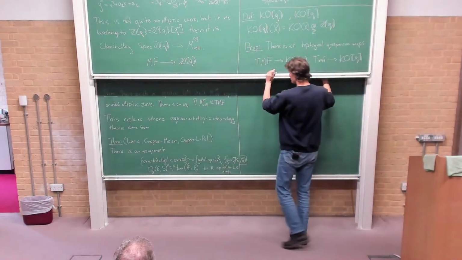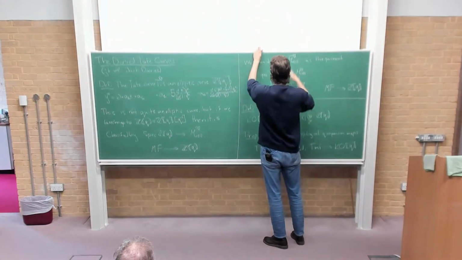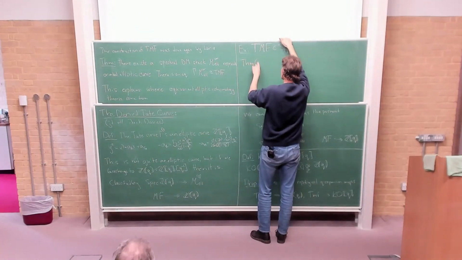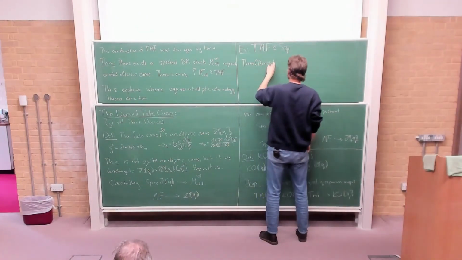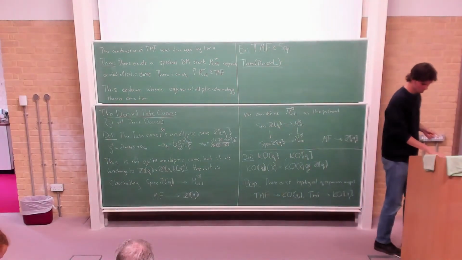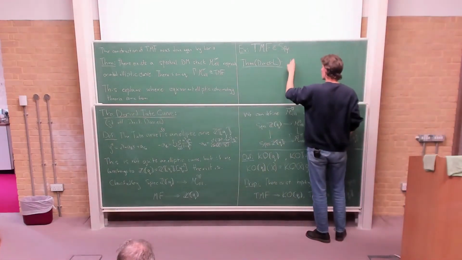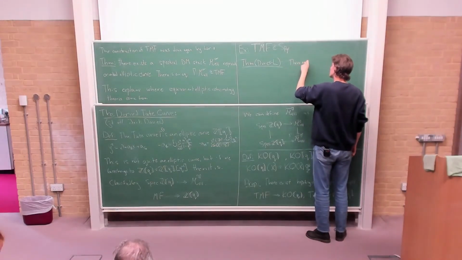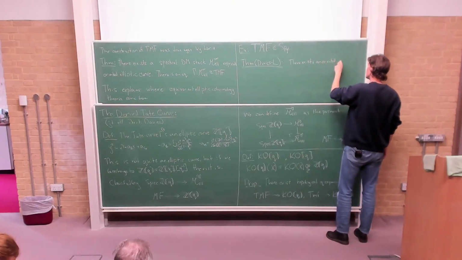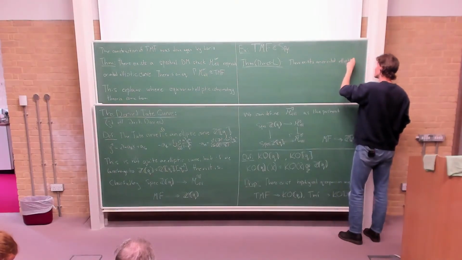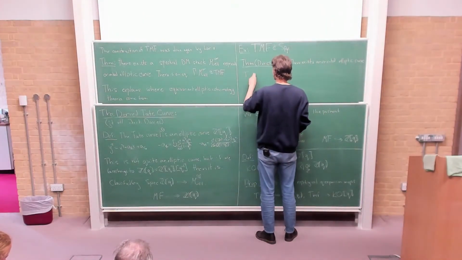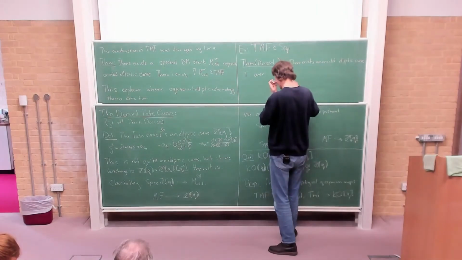So let me state that here. There exists an oriented elliptic curve T living over.